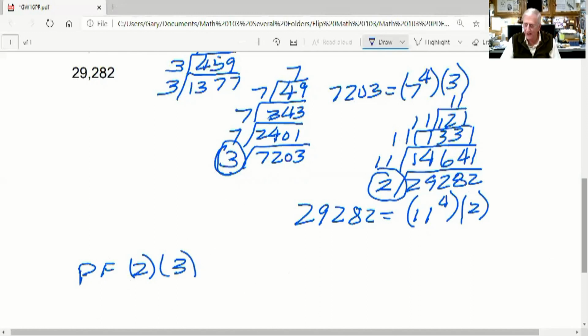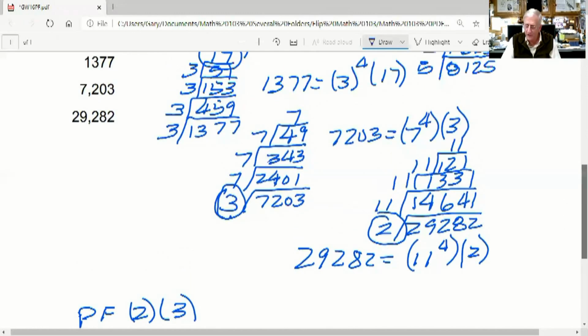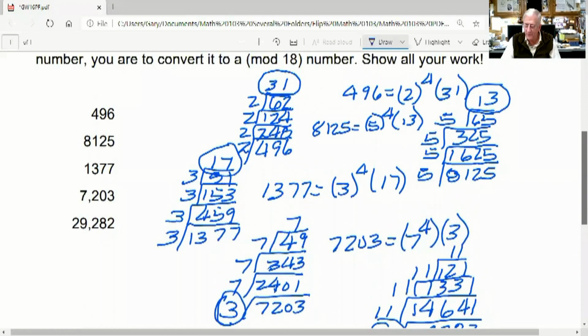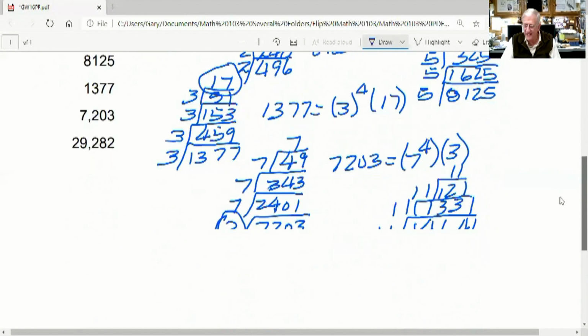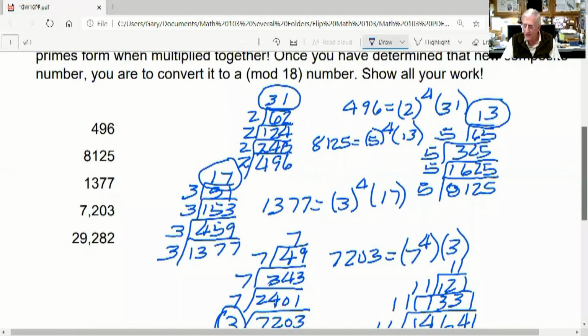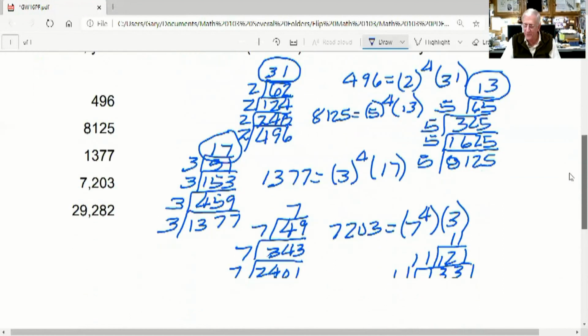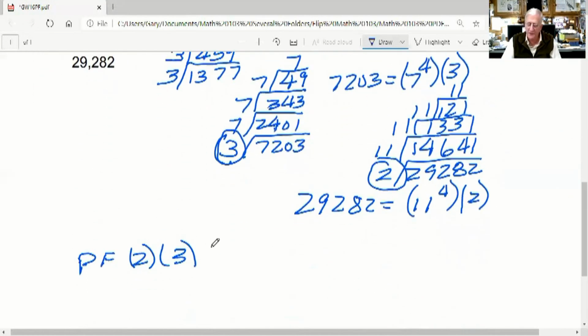All right, now what else have I got up here that I've circled? Okay. Come on here. 2 times 3 times what? 13. So it looks like 13, 17, and 31. So that's the prime factorization of the number that I'm supposed to convert.